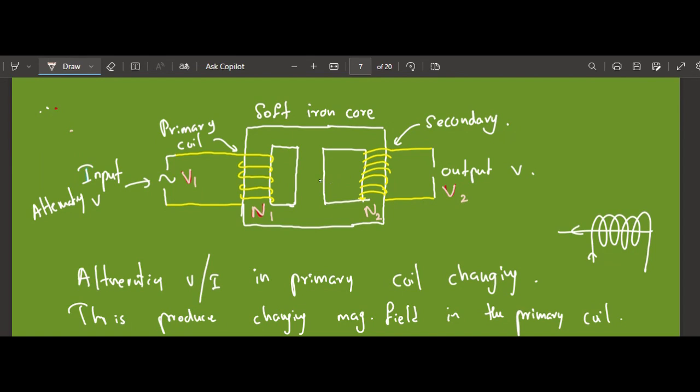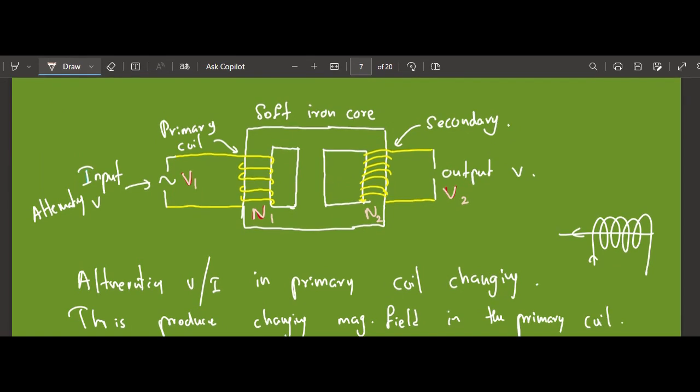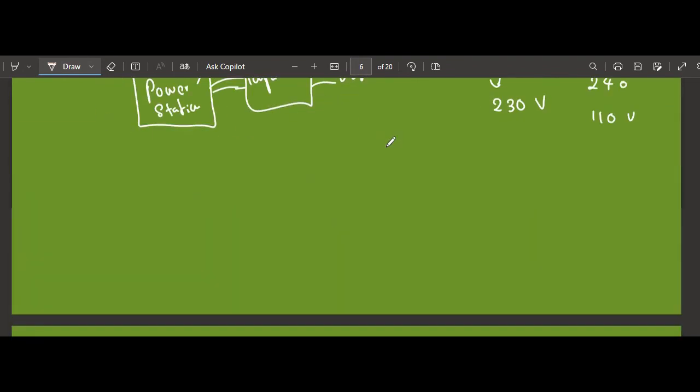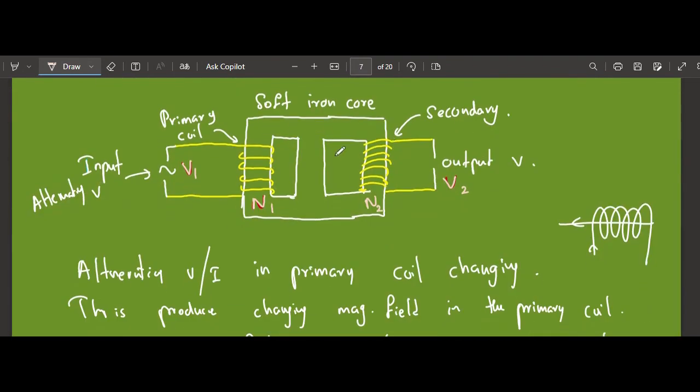Now I told you, right, these transformers we can use to increase and decrease voltage. That increasing or decreasing of the voltage depends on the number of turns. That's why I said when you're drawing this, you have to draw with different numbers of turns, right? Normally there's a relationship. Actually, you have to mention this in the note as well, as an equation.